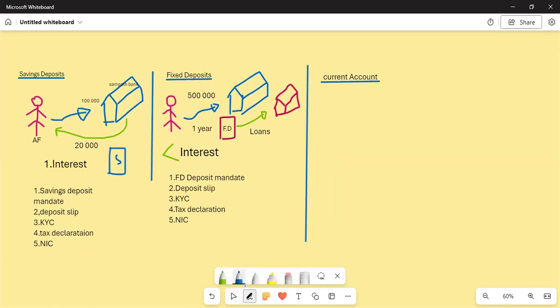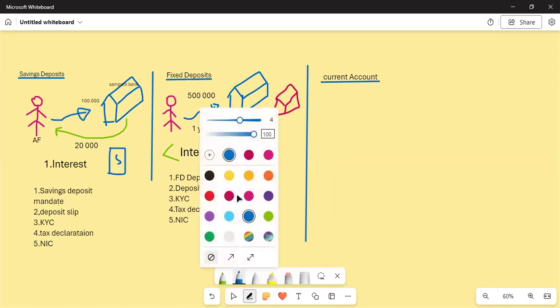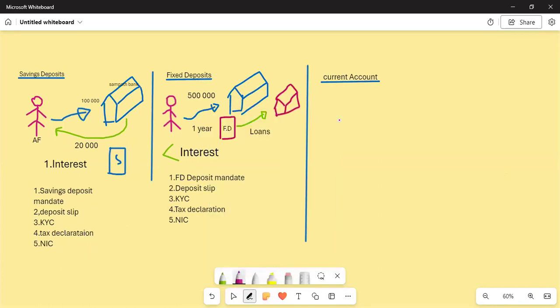For example, say I am now planning to open a current account. The bank where I am planning to open a current account is, we'll say, BOC, Bank of Ceylon.